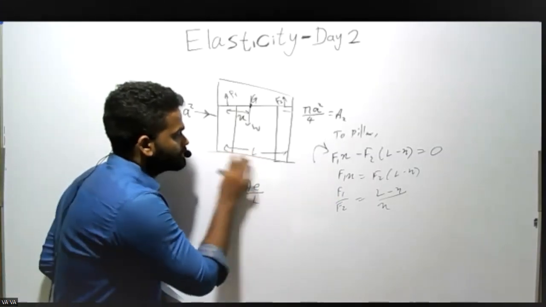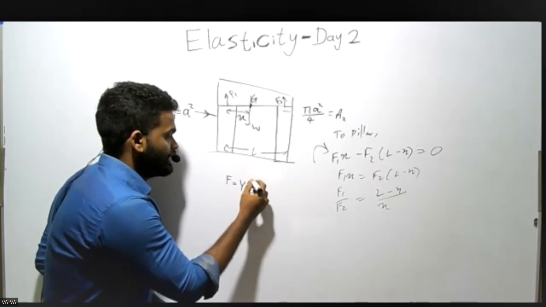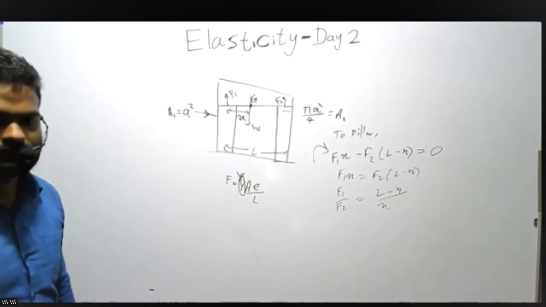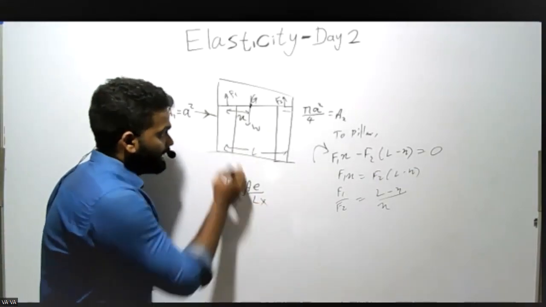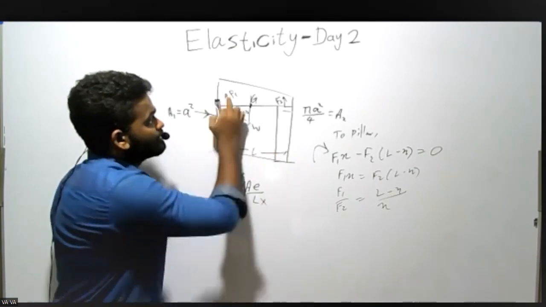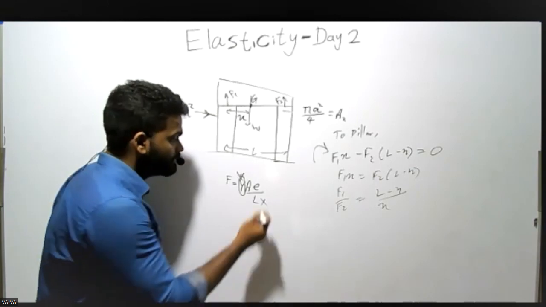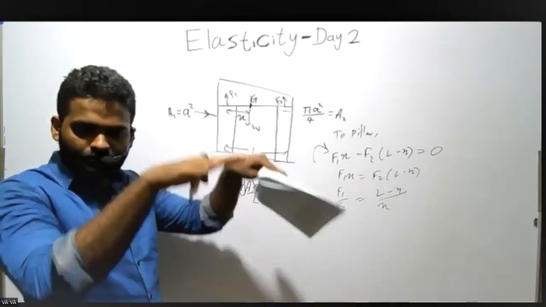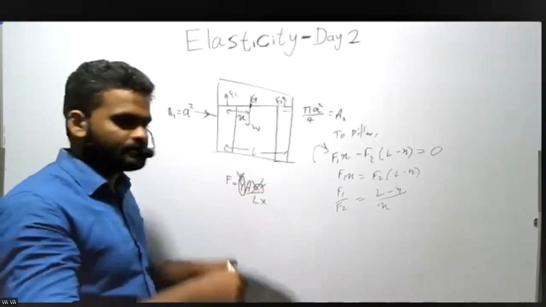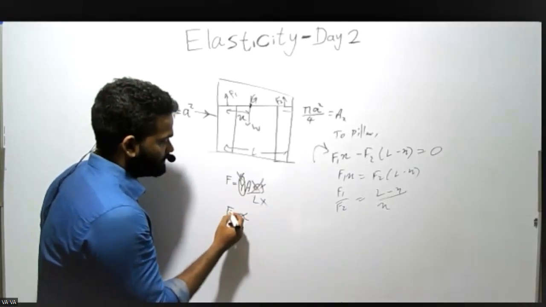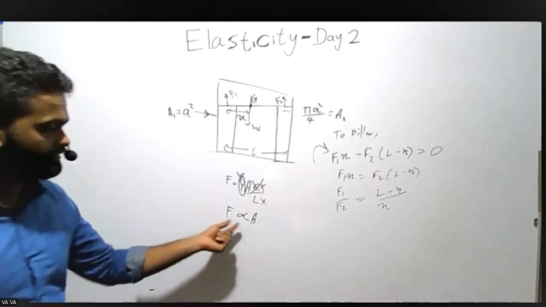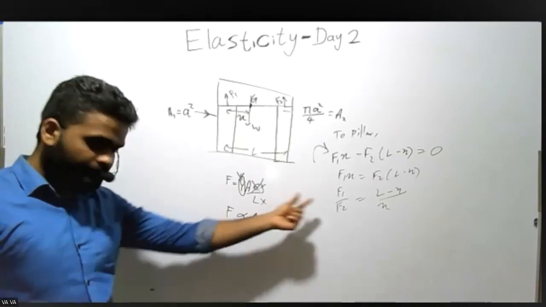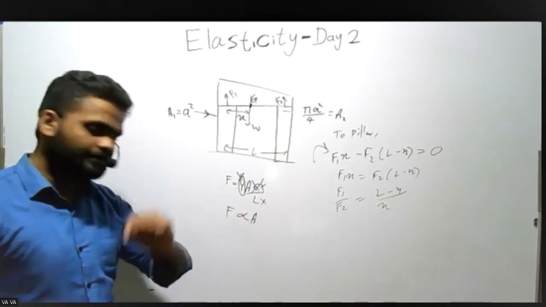What are the constants? They are made of the same material, so Y is a constant. Don't write that. L, the height of the pillars, is a constant. The compression is also the same, it's compressed by the same amount. So from this equation, what can you write? F is proportional to A. This is all you have to know. So instead of F here, you can put A.